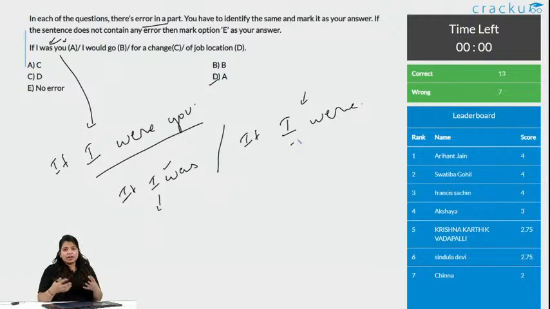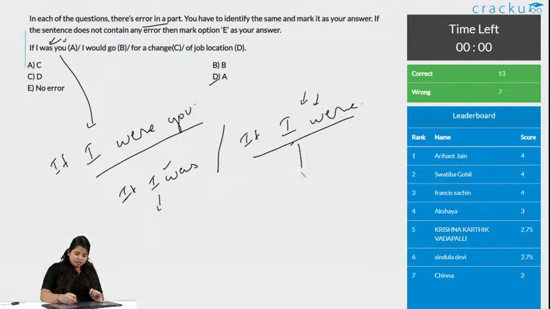See, even if I get lots of money like Bill Gates, I will not be Bill Gates. I will have my own identity. So similarly, this is a subjunctive mood, that is, an unreal situation. So if I were is used in an unreal situation.